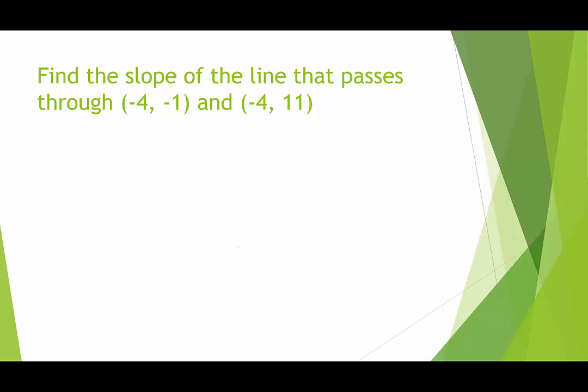In this example, we have negative 4, negative 1 is our first point, negative 4, 11 is our second point. So again, if you need to, label x2 and y2, and the slope of the line, change in y over change in x.